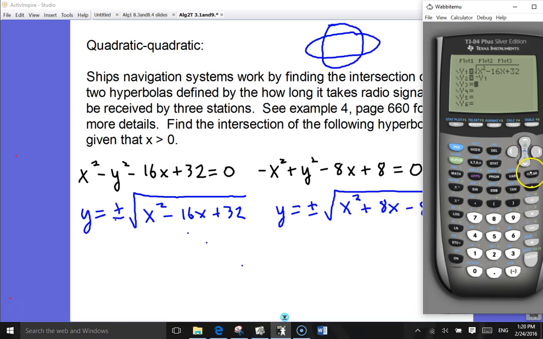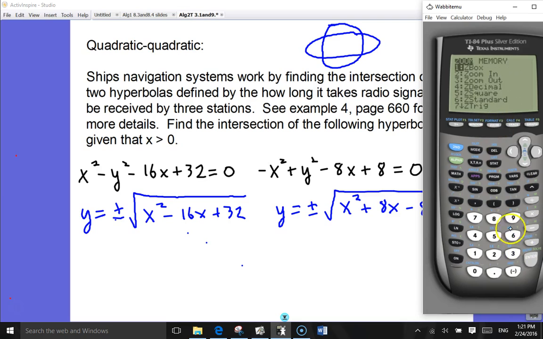On the next one I'll put the second square root, x squared plus 8x minus 8. And then I'll put negative Y3, using the Y-VARS, 1, and 3 for Y3.